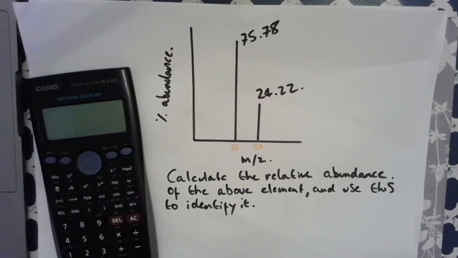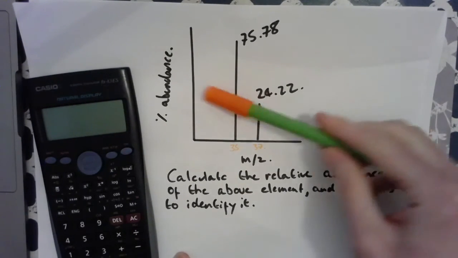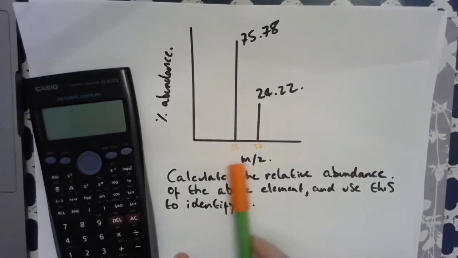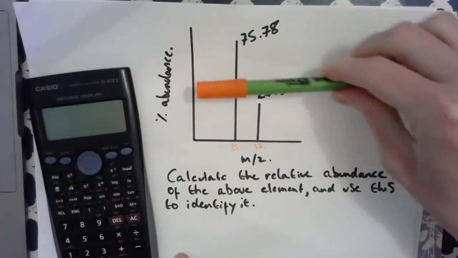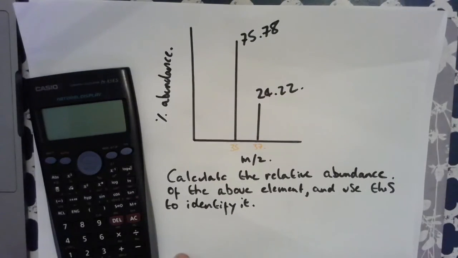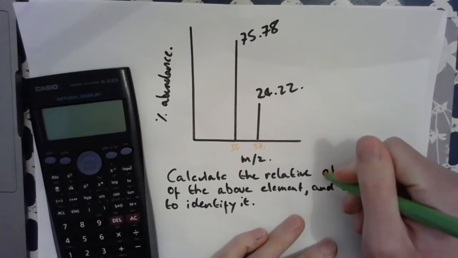Good. So what these questions would look like in the real world is something like this: a graph of your mass numbers along the bottom and percentage abundance up the side, as we just looked at, and then it might say calculate the relative formula mass, that should be.